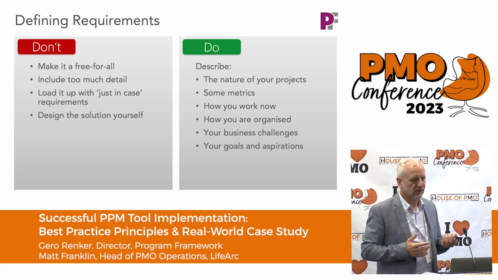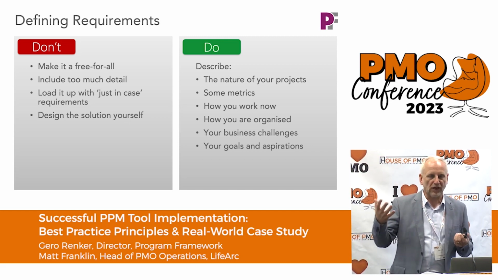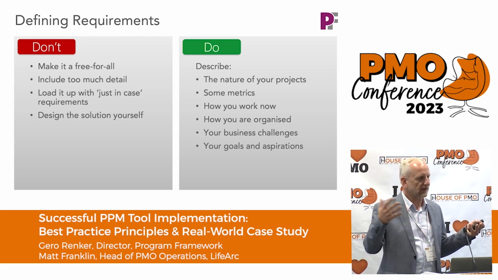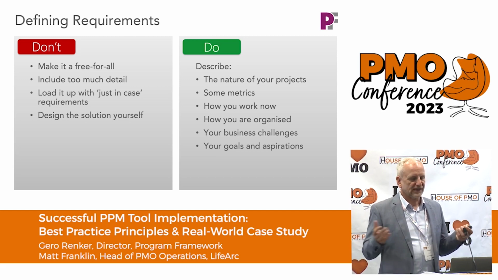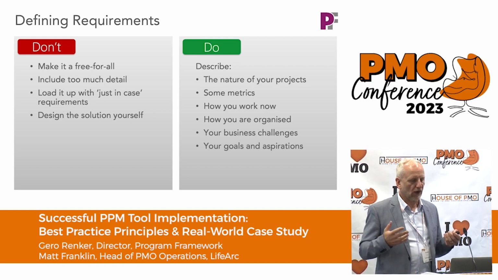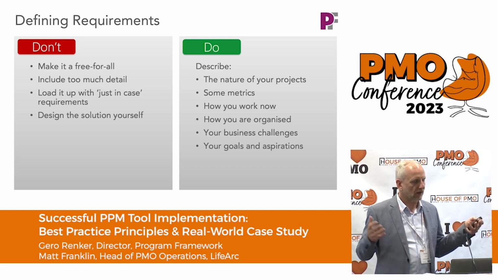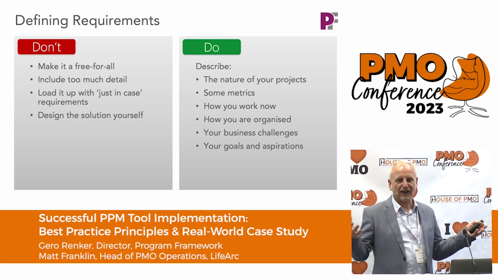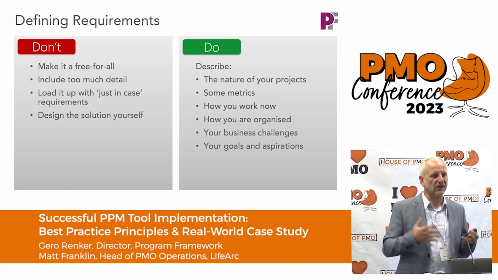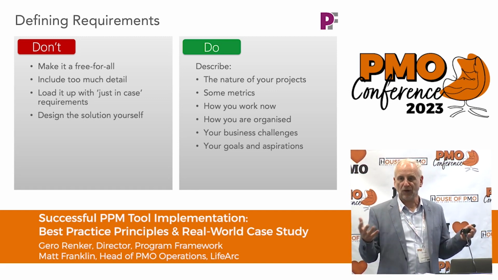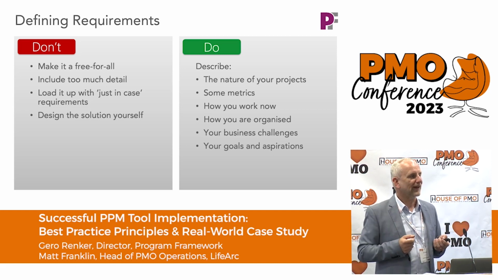Instead, do describe where you're coming from, what you're trying to do, the nature of your project, some metrics, how many projects, what your organization looks like, how you work now, how you want to reorganize, your business challenges, your goals and aspirations. That's the stuff I want to know as a vendor, so that I can come and say to you, this is how I think we will be solving all of those challenges with the tool that we are going to propose to you.